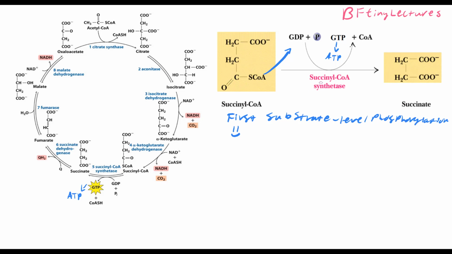And this happens through succinyl-coenzyme A synthase, right? So we're going to be synthesizing, creating a new molecule. Notice that in succinate, which is the product, we don't have the coenzyme A, right?